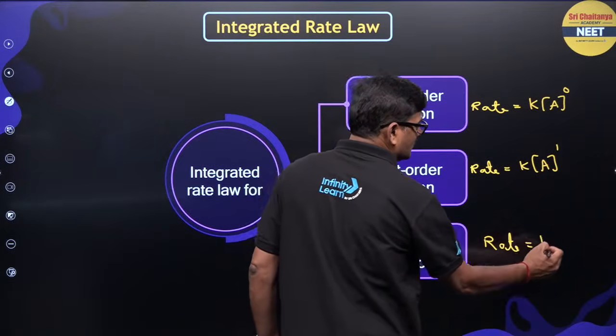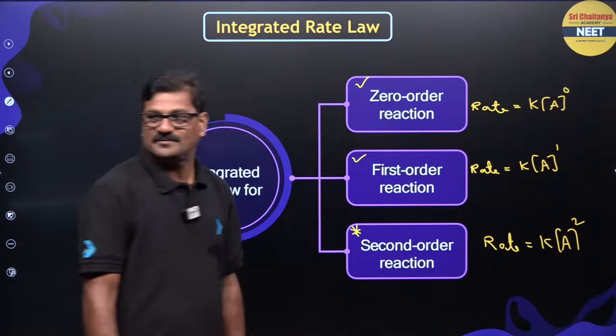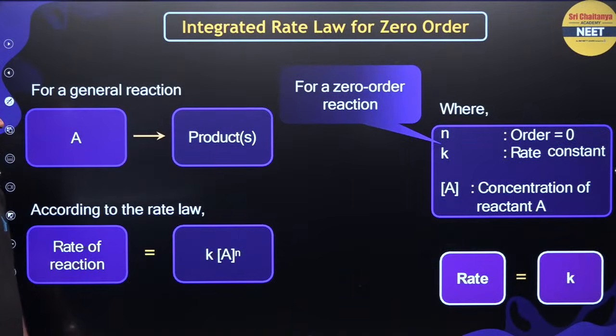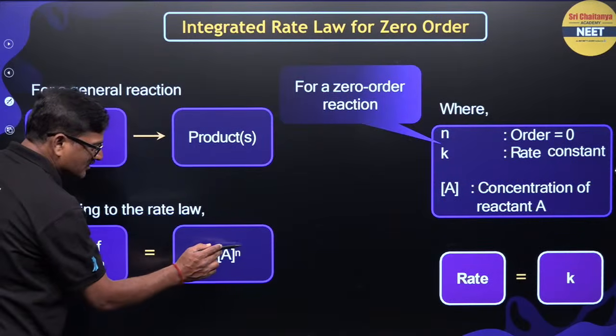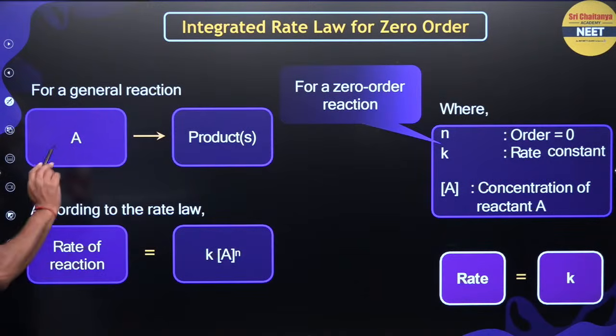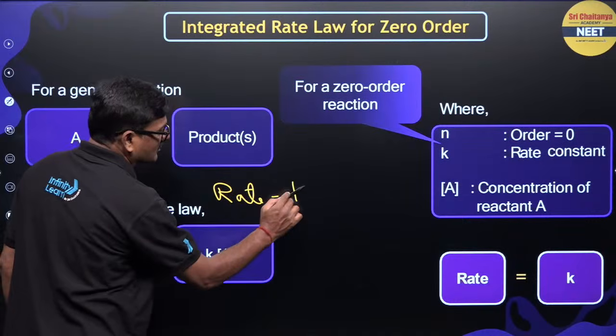Rate is equal to k[A]^2, this is a second order reaction. For a zero order reaction, order is 0, and the n value is going to be 0, n is equal to 0. So [A]^n is equal to 1, so the rate of a reaction for zero order is equal to the rate constant.